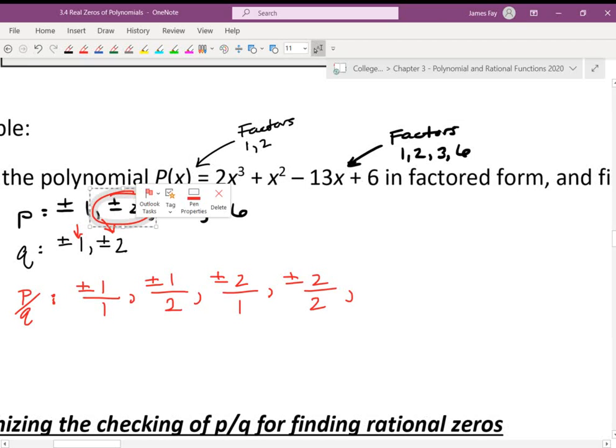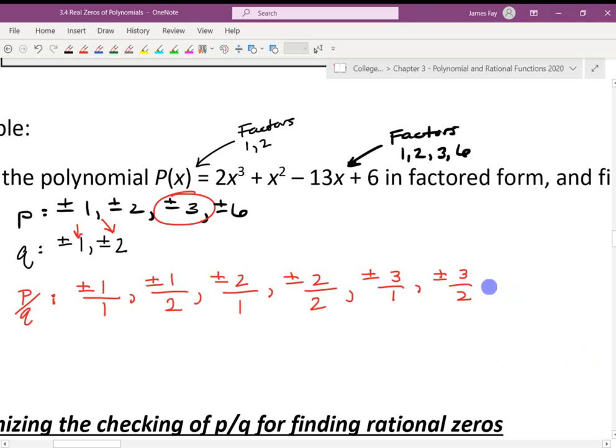Do that again with 3 as the P value, plus or minus 3 over 1, plus or minus 3 over 2. And then finally with 6, plus or minus 6 over 1, plus or minus 6 over 2. Is that okay with everybody?